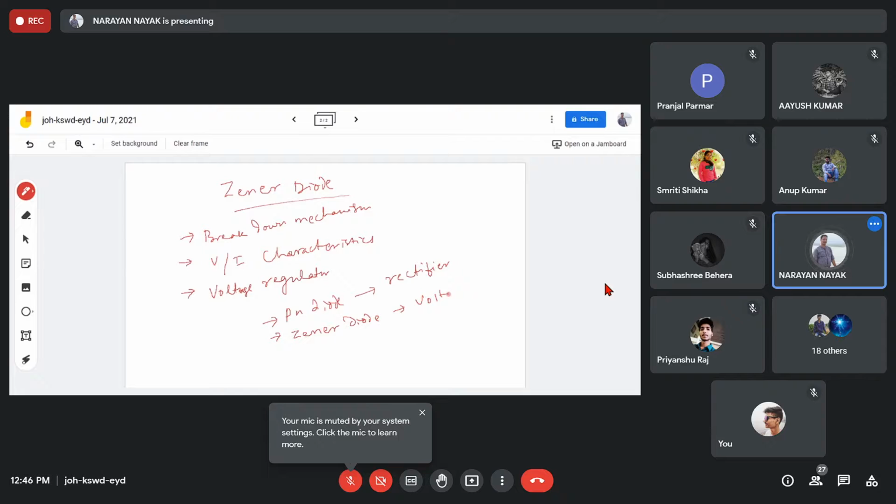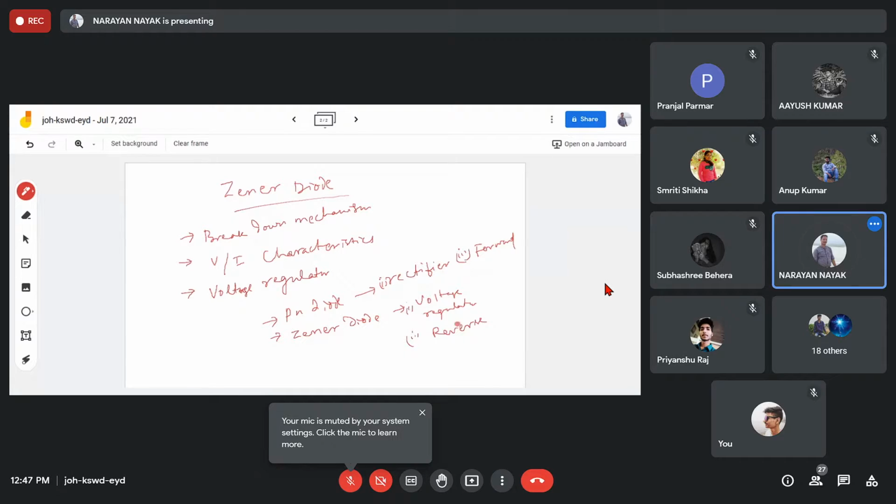Just remember, the Zener diode is used as a voltage regulator. This is the application basis. And second thing, the PN diode always operates in forward bias condition. But the Zener diode is operated in reverse bias condition.